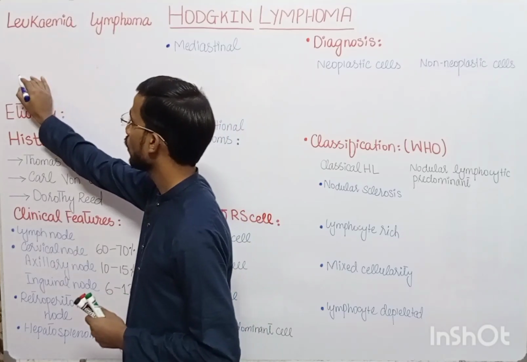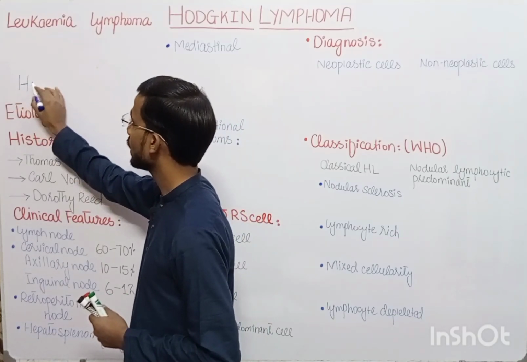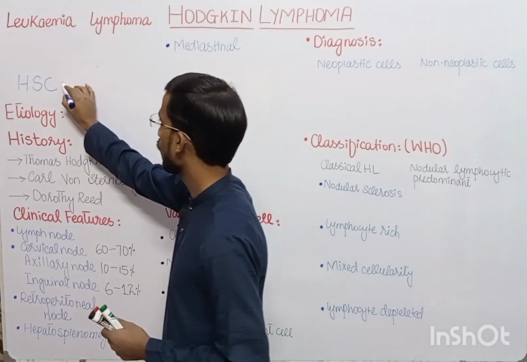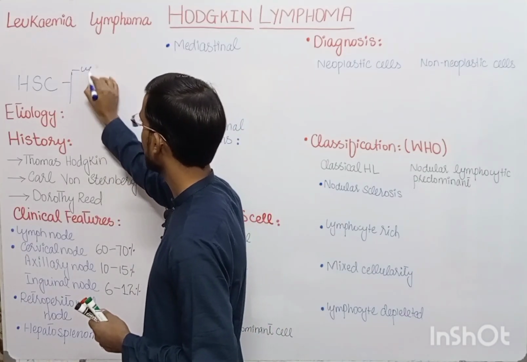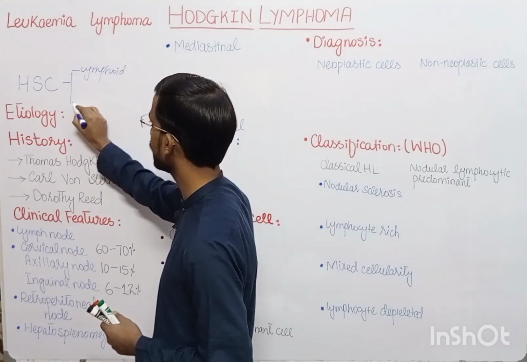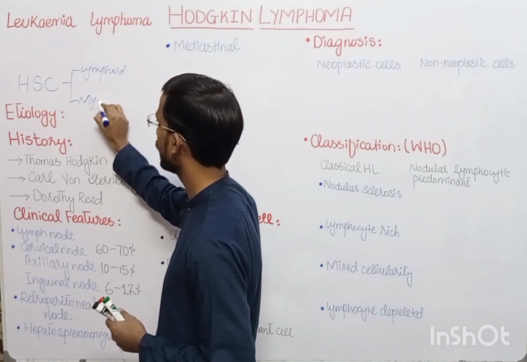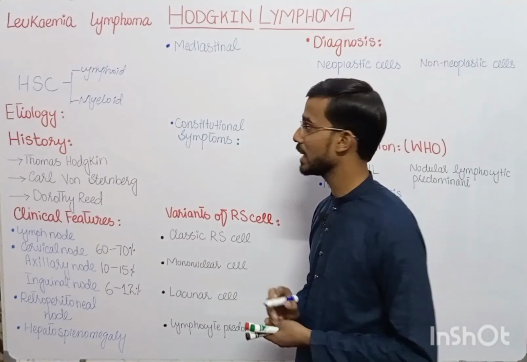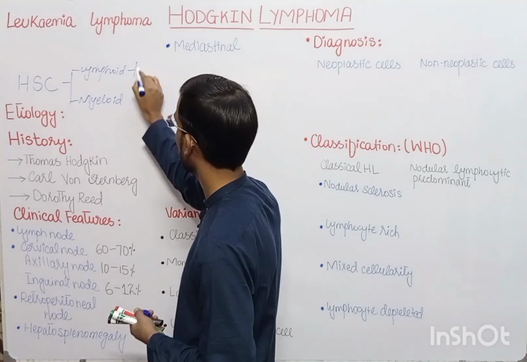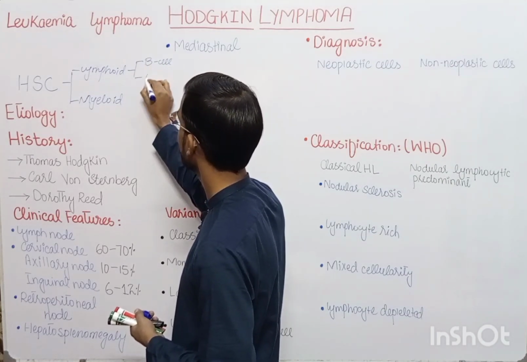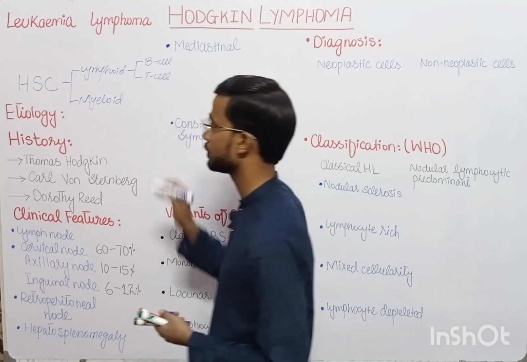First of all, we should know that hemopoietic stem cells form two lineages. The first one is the lymphoid lineage and the second one is the myeloid lineage. From the lymphoid lineage, two cells are formed, B lymphocyte and T lymphocyte.